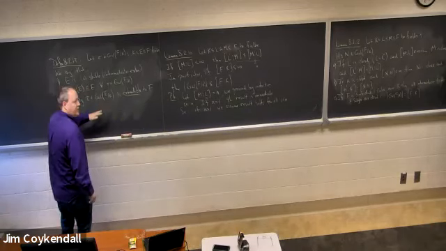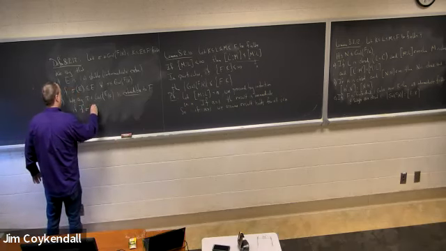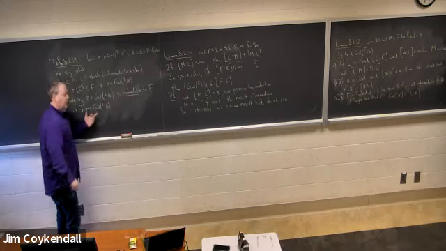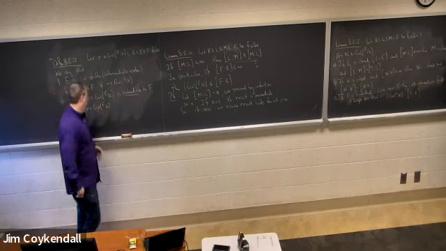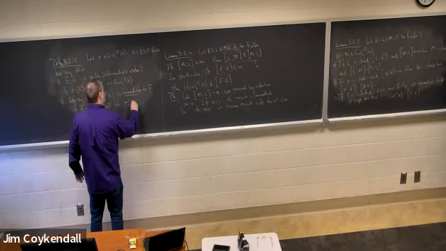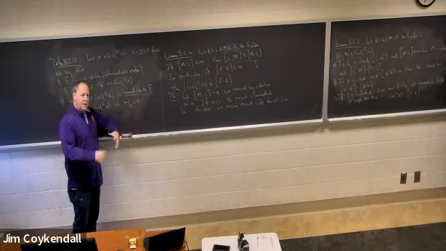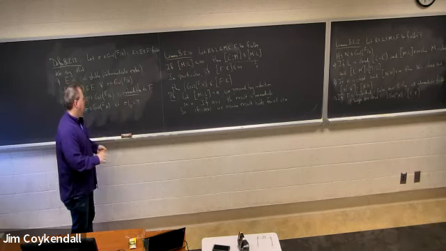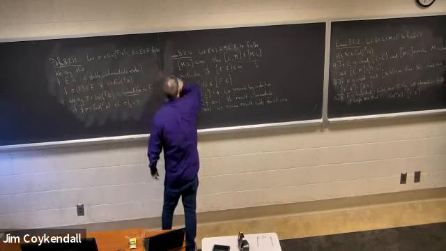We say it's extendable if there exists a sigma in the Galois group of F over K, so there's actually this big automorphism of the entire field such that when you restrict sigma down to E, you get precisely tau. So in other words, tau can be grown up to this larger automorphism of F that, when you restrict it down to E, gives you the original tau.